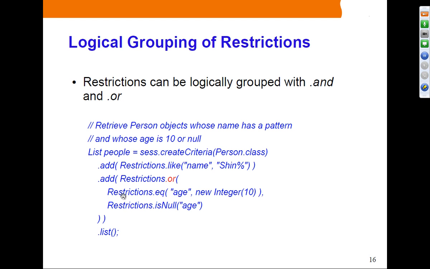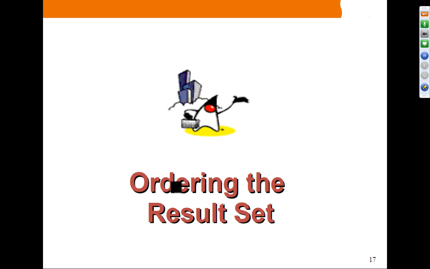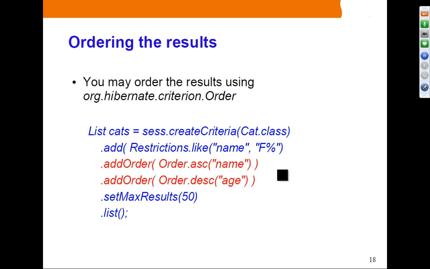So this is an OR operation, and you can certainly have an AND operation here as well. In terms of ordering, you can use addOrder and specify an Order object. So this is ascending order, and this is descending order, and then you call the addOrder method.